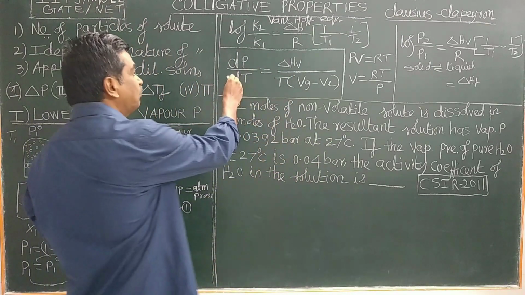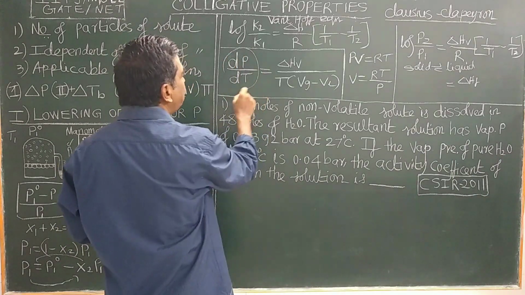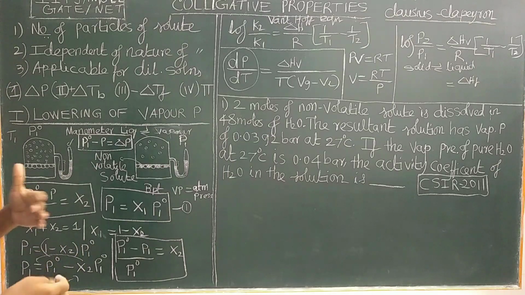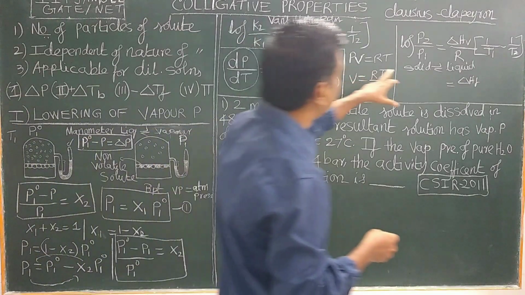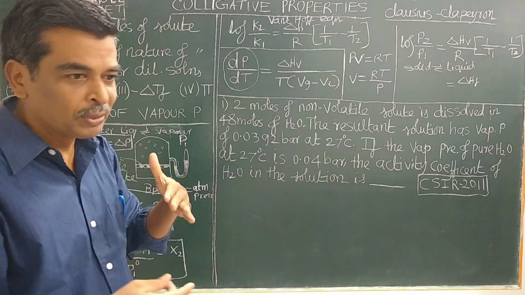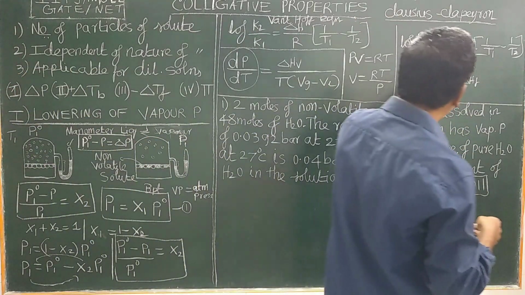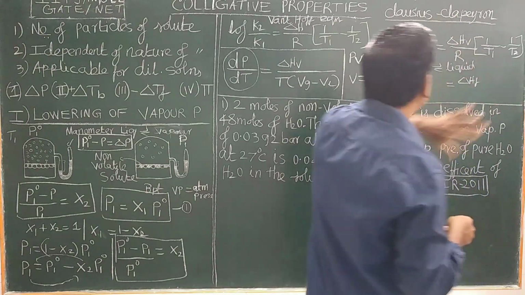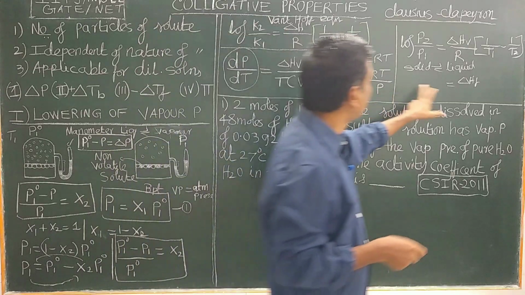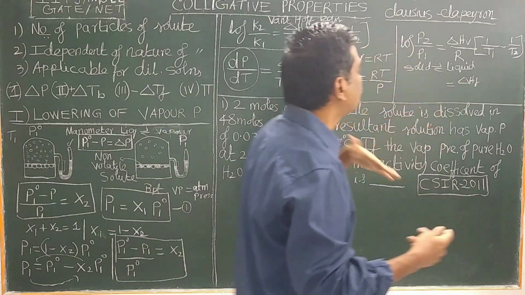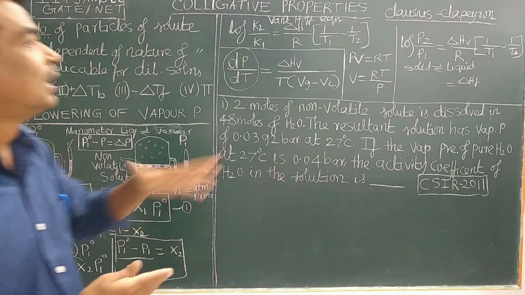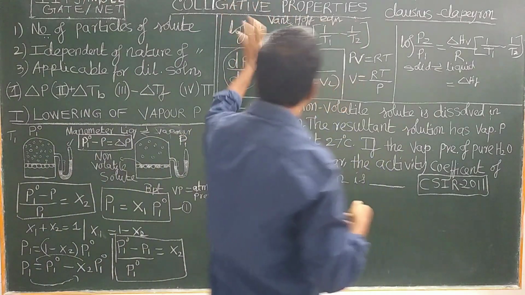Therefore, they also ask about dP by dT, the rate of evaporation, or the temperature dependence of vapor pressure with respect to temperature. This expression is often asked. Similarly, as I said, it applies for solid-liquid equilibrium, and such equations can be applied to any other equilibrium process.